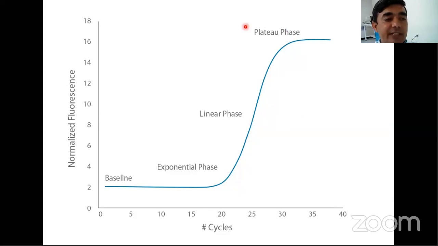So a plateau is reached, and it shows that the process is complete. That particular well doesn't have any other dNTPs or primer or probe molecules, whatever was present was utilized during this reaction. And this is basically the information we get from this graph, or the PCR data output.